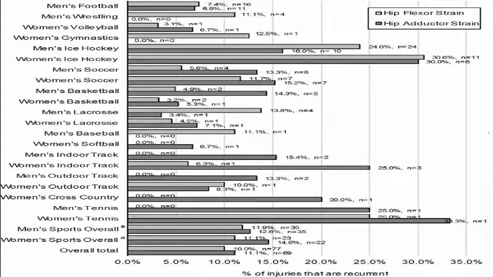As we can see, the highest of hip adductor strain is from women's tennis, 38.3%, and then the highest hip flexor strain from women's ice hockey, 30.6%.